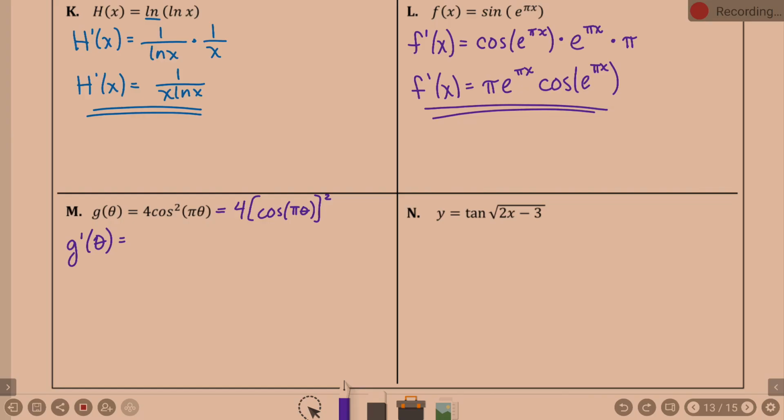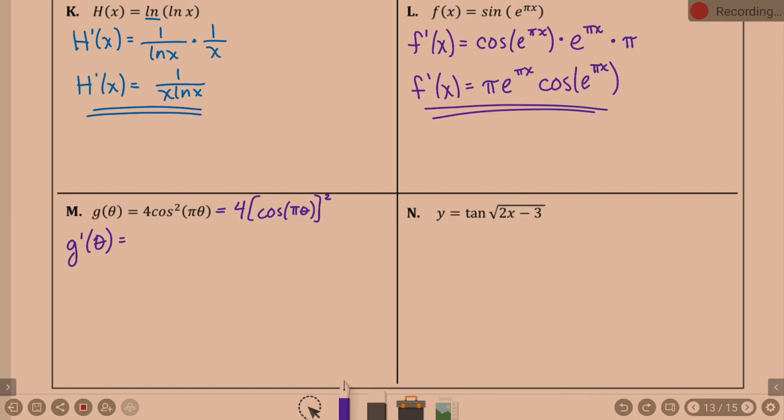This is like saying 4x squared. That's my outside function. How do I take the derivative of 4x squared? It's going to become 8x. If we're doing the derivative of 4 times something to the second, what happens? 2 times 4 becomes 8.